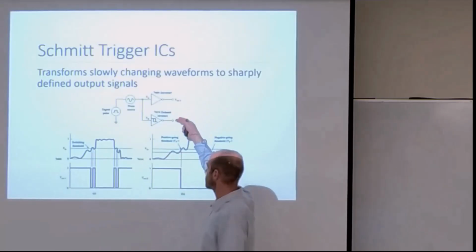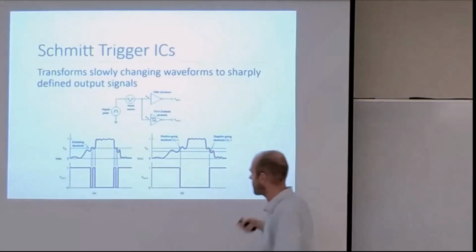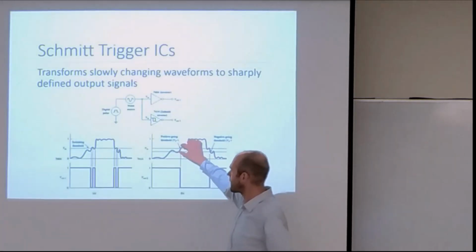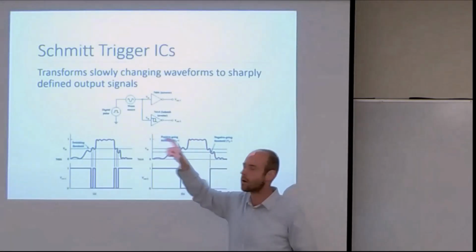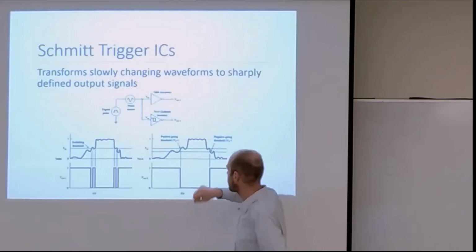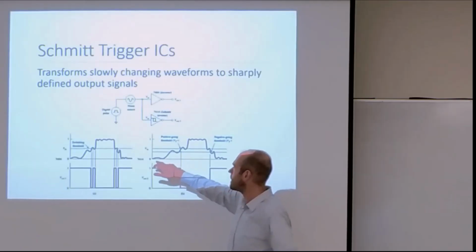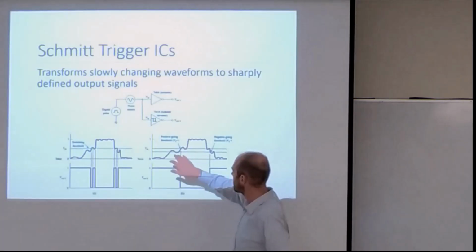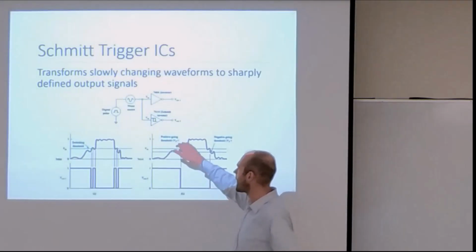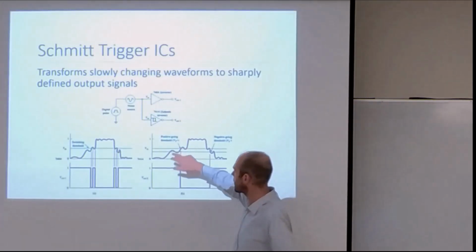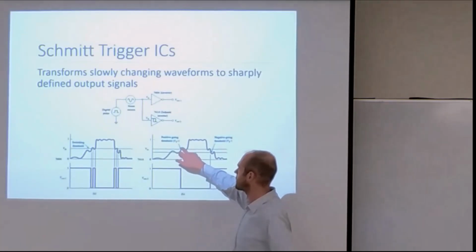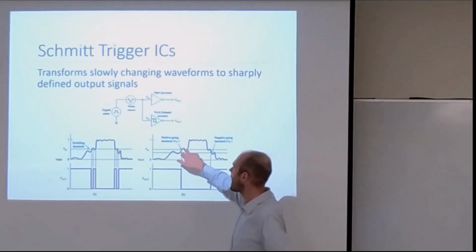A Schmitt trigger, or Schmitt inverter, is an inverter with a gap between its going-high and going-low thresholds. The output inverts at one threshold, but doesn't invert back until a higher threshold.